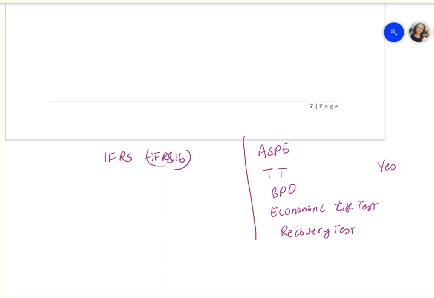If one test is yes, you know the lease is a capital lease. If the first test is not yes, then you have to test the second one. If that's no too, then you test the third one, and then the fourth one. If all of them come back negative, then it's not a capital lease. It becomes an operating lease. So you have to go through each of the criteria. Only one of these tests has to be met, not all of them, in order for it to be a capital lease.